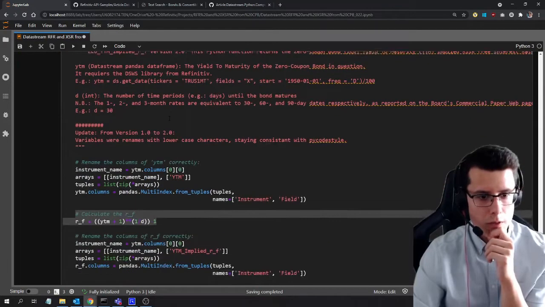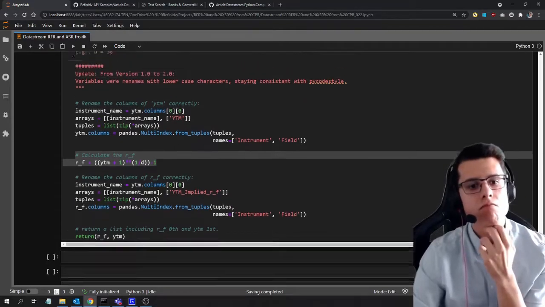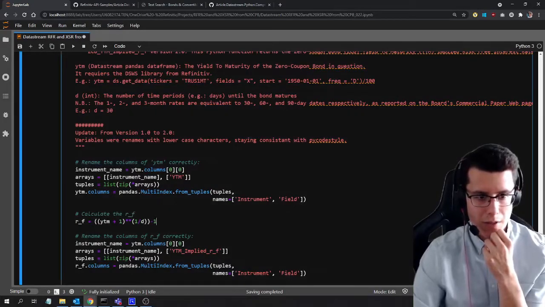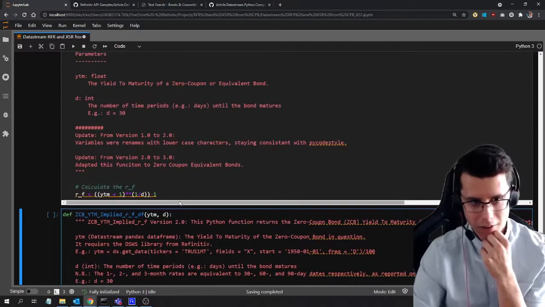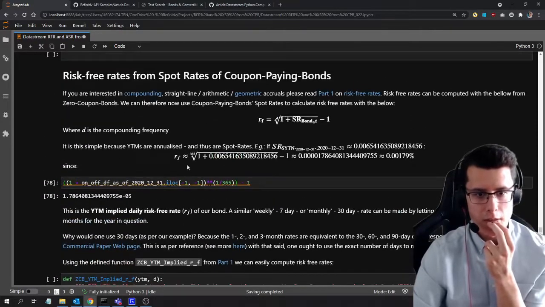So we've got a risk-free rate, and then what are we doing to it?